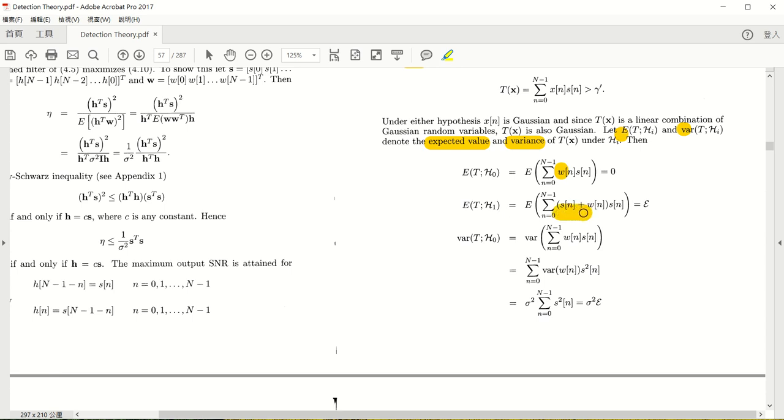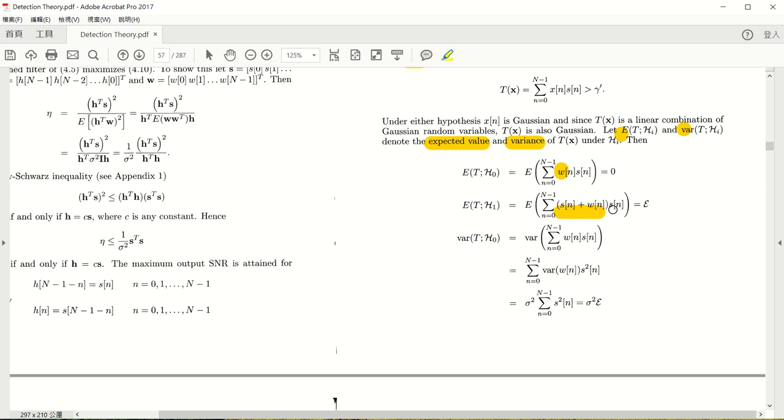Then the expectation of T conditioned on H1 will be a little bit different. Recall what we just saw. I'm not going back to page 95 again, but you can check page 95. Under H1, that X here is going to be a signal plus a noise. As a result, it will be S plus noise, multiplied with this S, and then you do the summation.